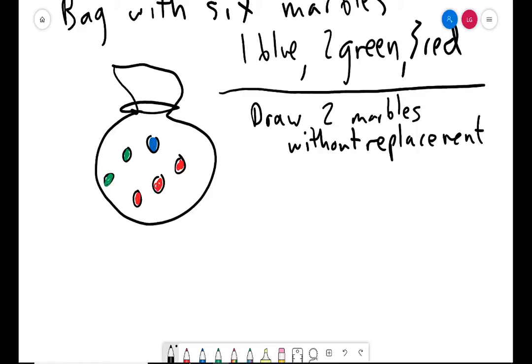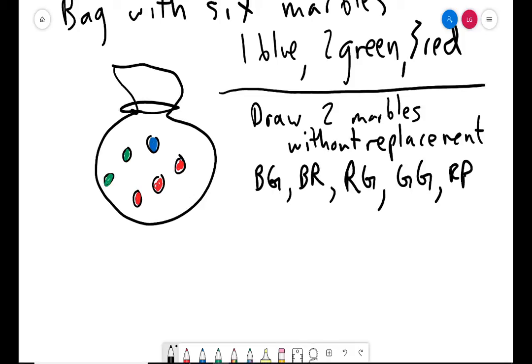We're drawing two marbles. They're not being replaced. So we can get a blue-green. We can get a blue-red. We can get a red-green. We can get two greens. We can get two reds.